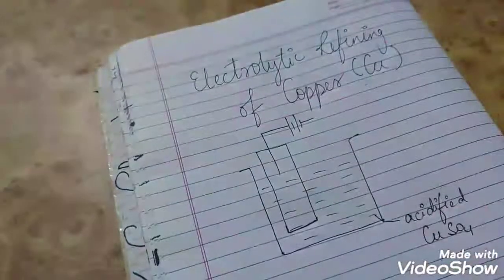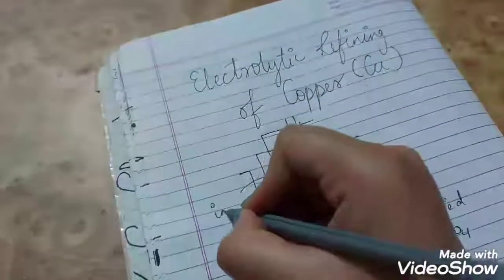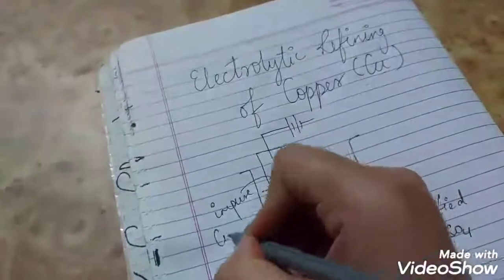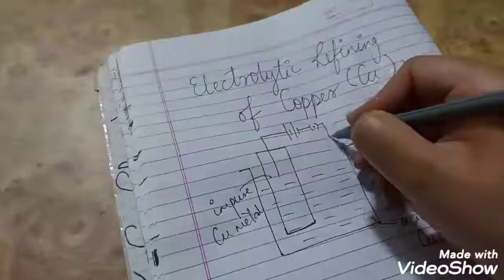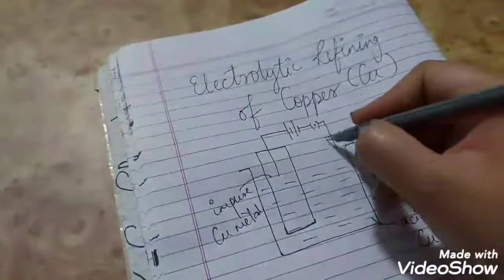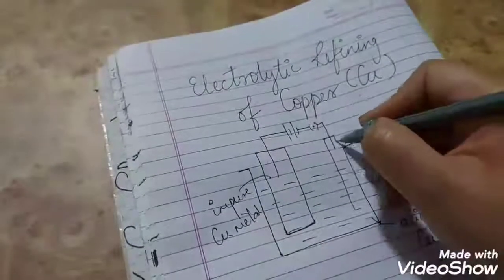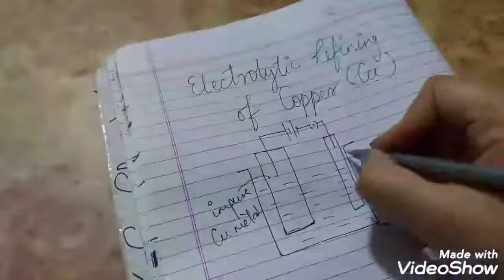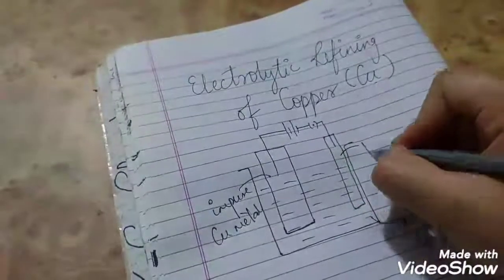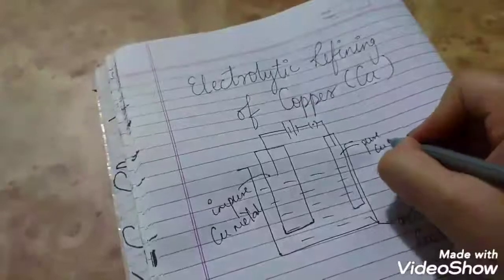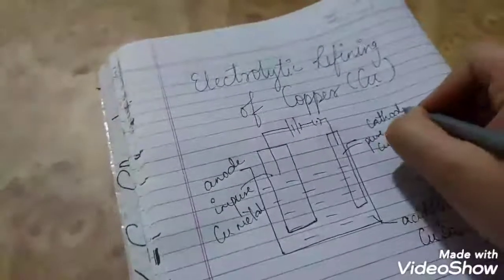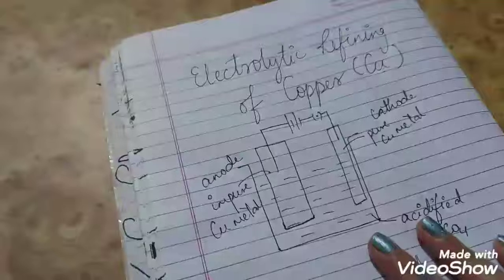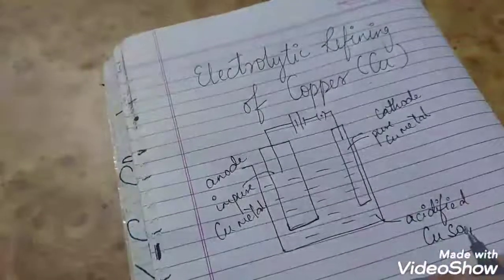So this is your impure copper metal, and then a very thin strip of pure copper metal is made the cathode. So this thin strip is pure copper metal. This is the anode and this is the cathode. So this is the setup for the electrolytic refining of copper metal.